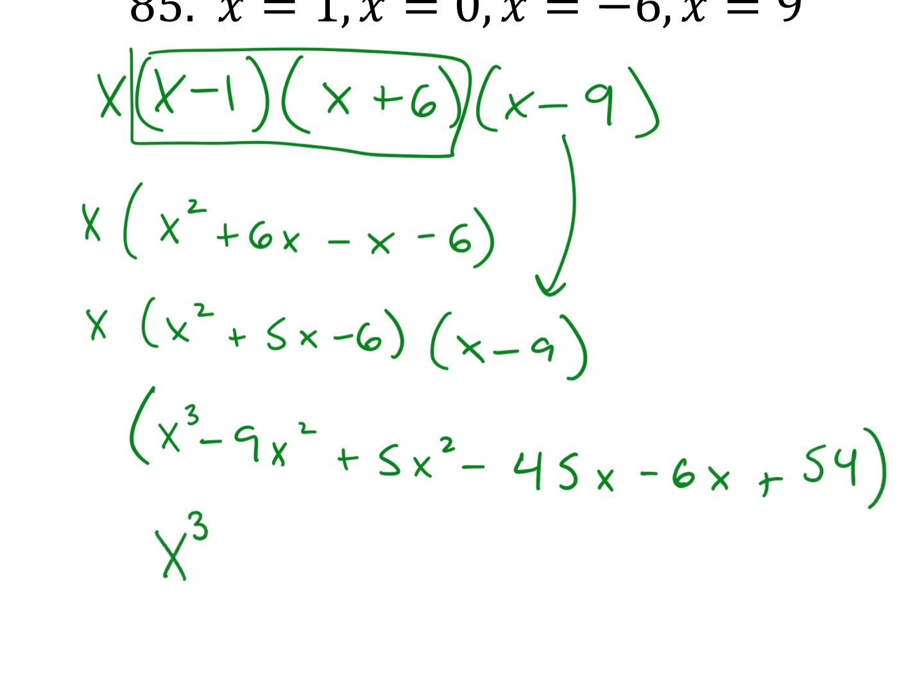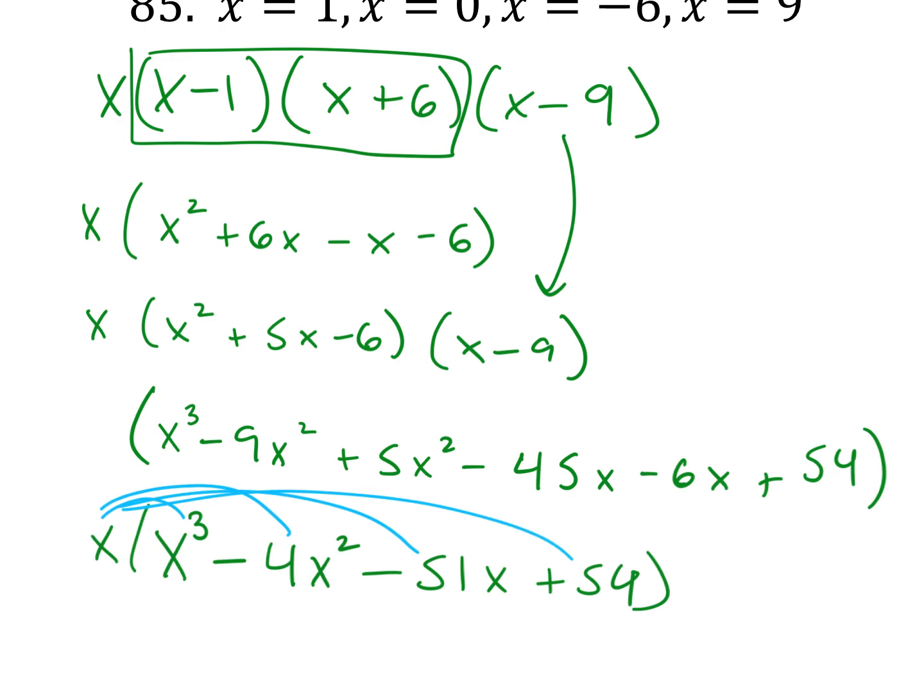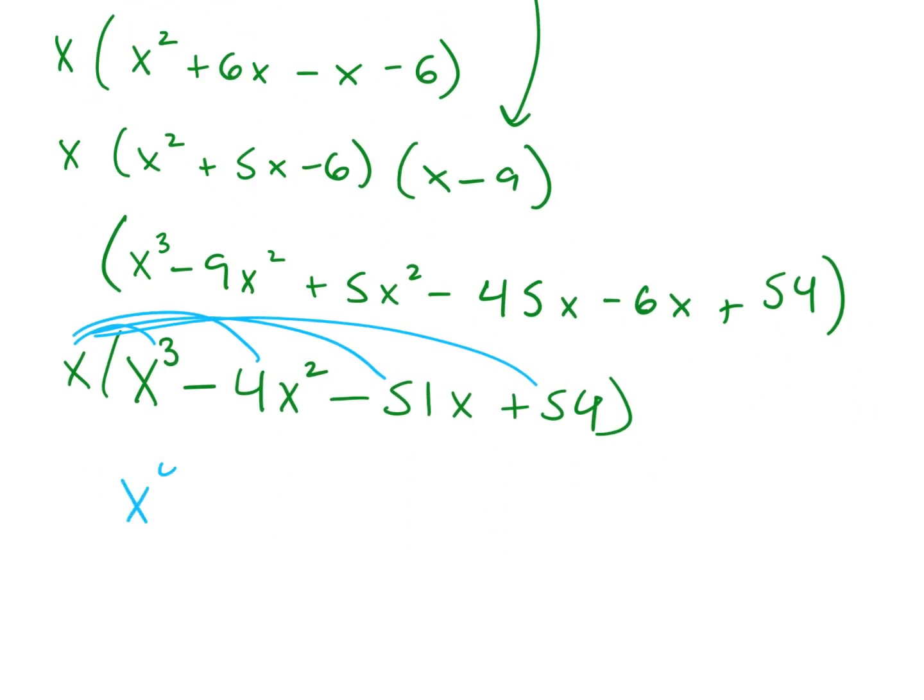Combine like terms. x cubed minus 4x squared minus 51x plus 54. And then lastly, I'm going to distribute the x to everything. So x to the fourth power minus 4x cubed minus 51x squared plus 54x.